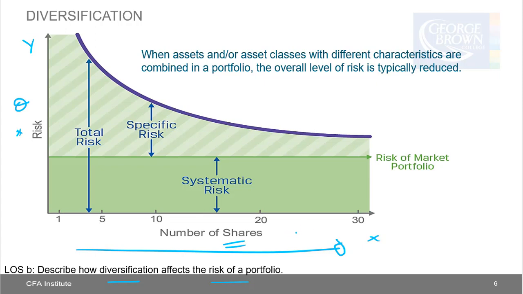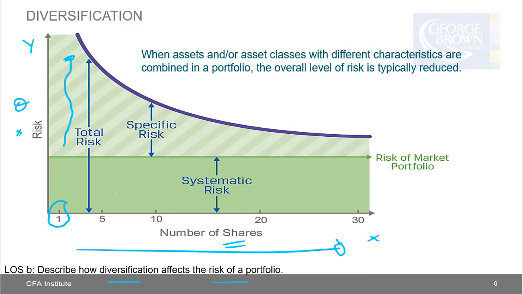If we're looking, for example, at a stock portfolio, and we have only one stock in the portfolio, we're exposed to not only the systematic risk that many assets are exposed to, but we're also taking on this firm-specific risk, as we said, unsystematic or non-systematic risk.